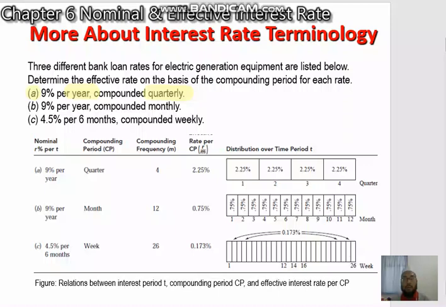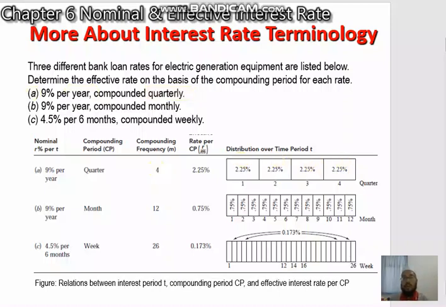The interest rate given is annual, but compounding is less than 1 year, compounded quarterly. So what happened? 9% per year divided by 4 quarters: 3 months, 3 months, 3 months, 3 months. There are 4 quarters in a year. So this 9% per year divided by 4, every quarter being charged 2.25%. 2.25% in quarter 2, 2.25% in quarter 3, and 2.25% in quarter 4. Okay, that's the first statement.